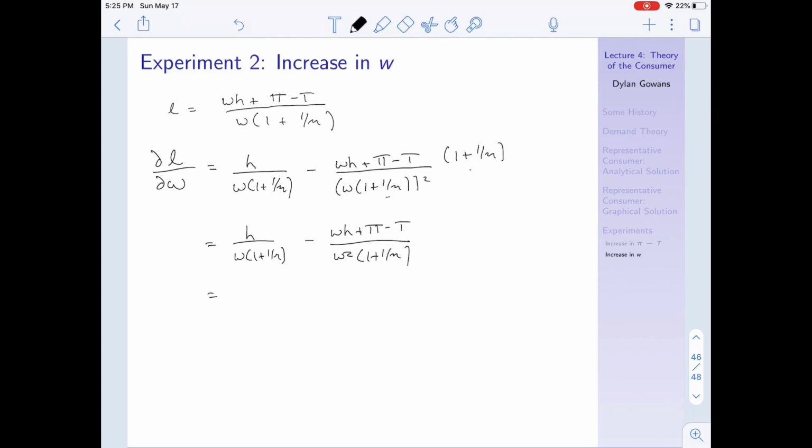And that's going to give us wh minus profit minus taxes all over w squared times 1 plus 1 over eta. And of course, these two terms cancel, and we're left with negative pi minus t over the denominator.